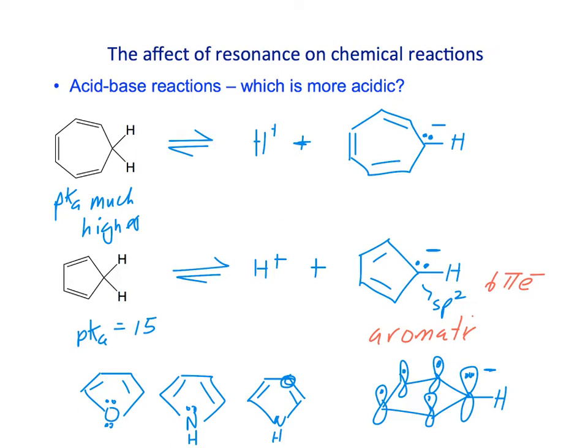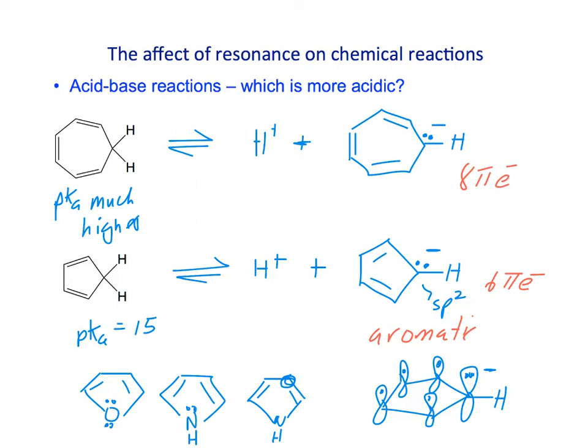What about this upper one? Does it have the correct number of electrons to be aromatic? No, because it has 2, 4, 6, 8. It has 8 pi electrons.